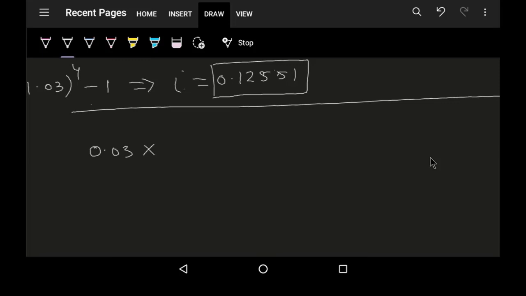So I will multiply it with 1.03 to the power 3. Now I will similarly take the other 3% amount, which is at the end of the second quarter, to the end.